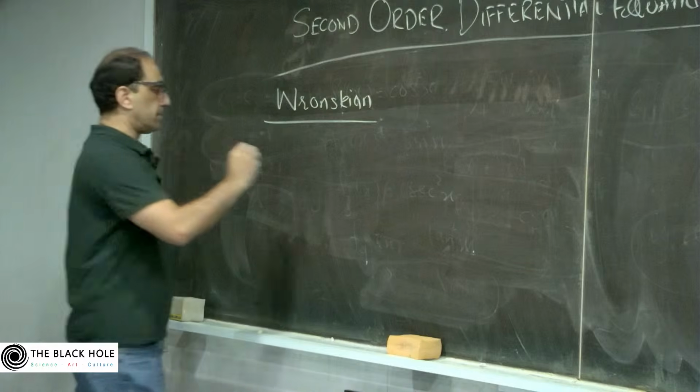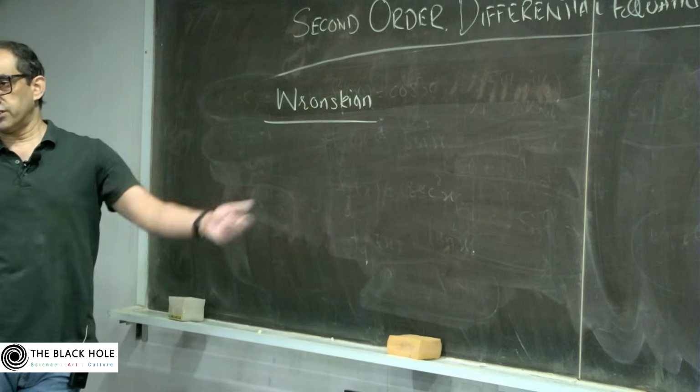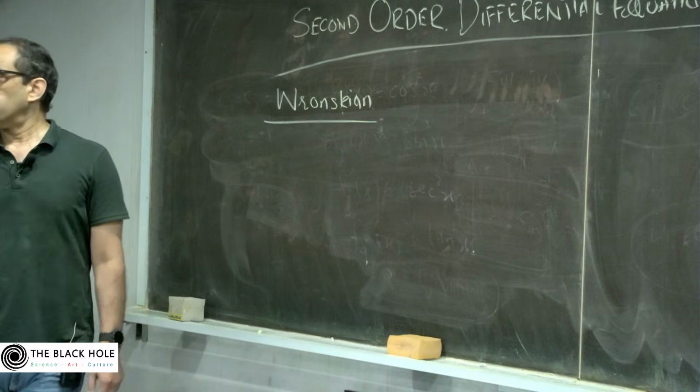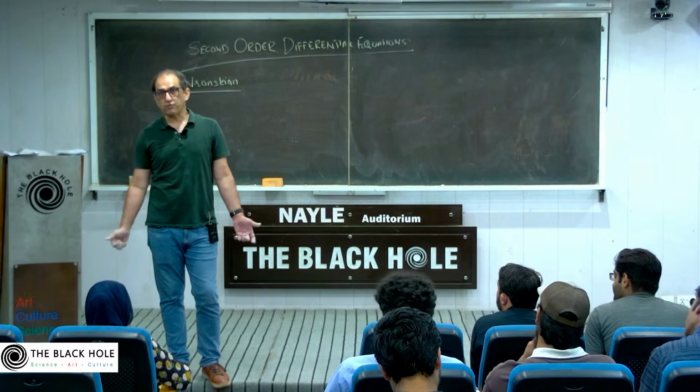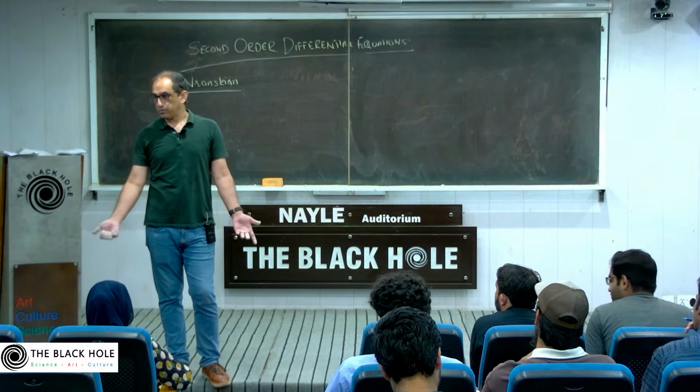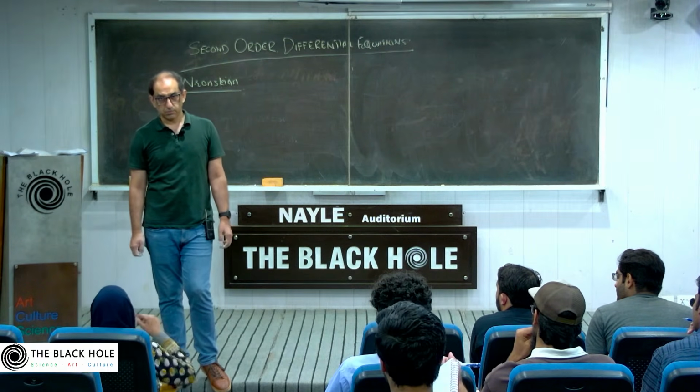So what you have just seen, that you have a second order differential equation, and in terms of the constants, what are the things that you need to determine? X and X dash.